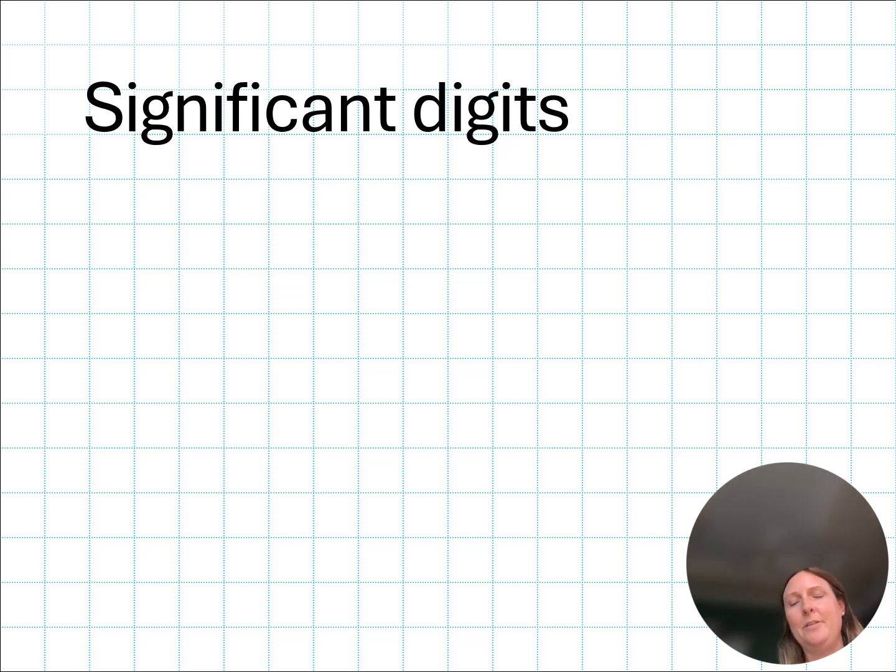So for example, let's say that I am estimating the density of a fluid, and I'm estimating this using a mass that was measured to 2 significant digits.